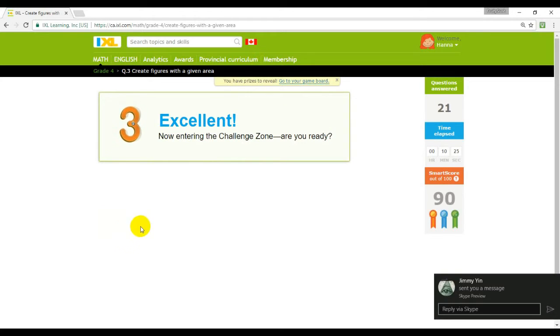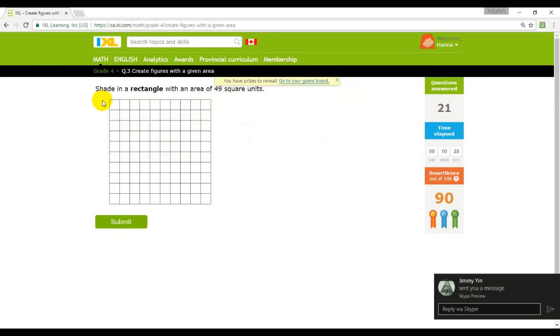Last one. Shading a rectangle with an area of 49 square units. Oh, I know this. I think it's 7 times 7. So 7 rows of 7s. Voila. Okay, 81.